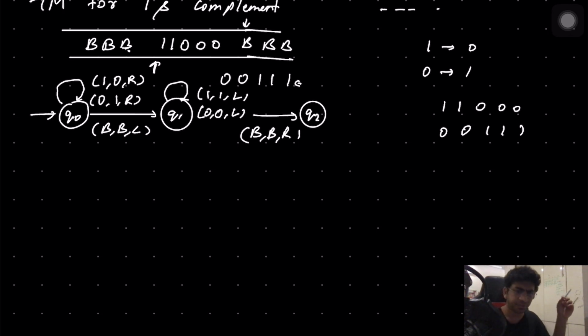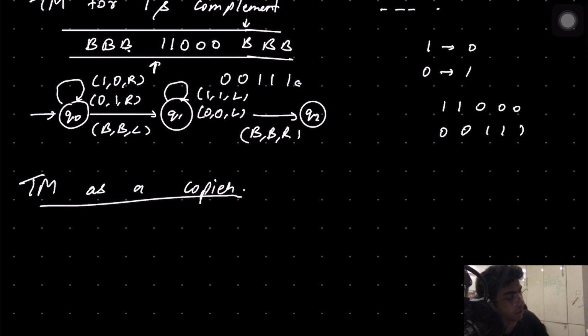Okay, let's go through one more example. We'll make a Turing machine as a copier this time. So what's a copier again?